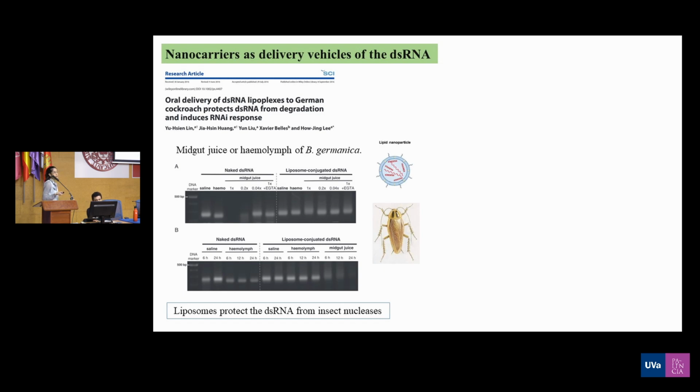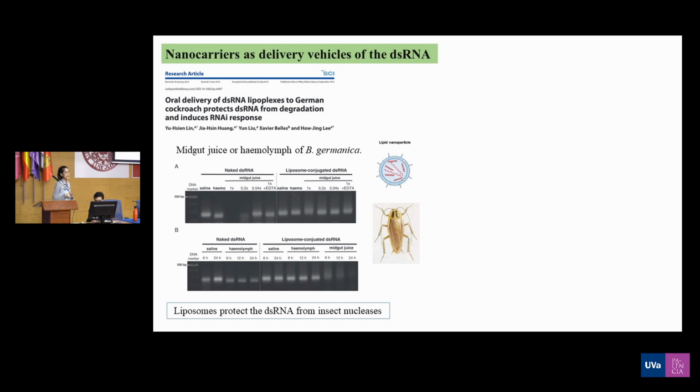This has not only been working in the medical field. We are working slower in the pathology field, but some progress has been made. For example, in this paper they use lipid nanocarriers to try to silence genes of B. germanica, which is a cockroach.